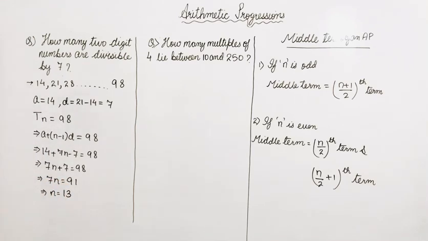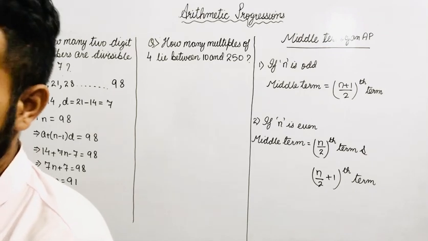So how many two-digit numbers are divisible by 7? 13. There are 13 two-digit numbers that are divisible by 7. This is the answer.